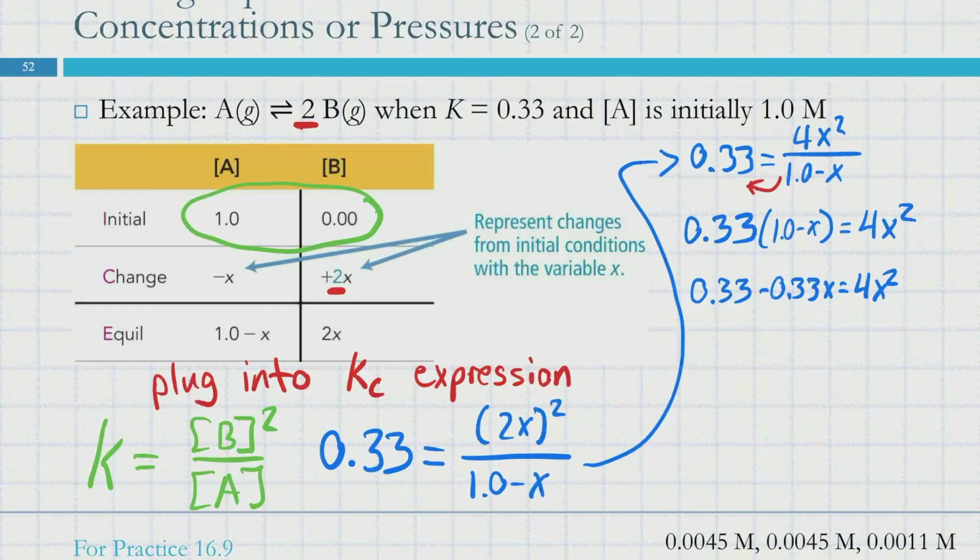All right, so after doing some rearrangement, doing some algebra, we get this lovely mess. 0.33 minus 0.33x equals 4x squared. And we can get everything onto one side.